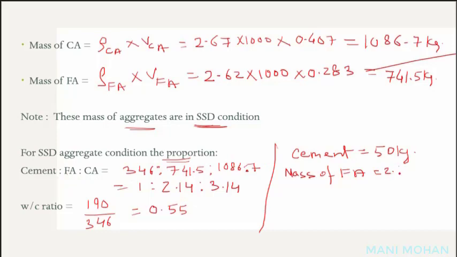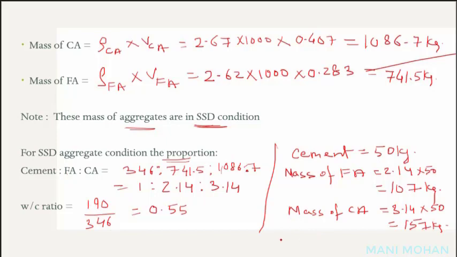Multiply 2.14 into 50. This comes out to be 107 kg. What will be your mass of coarse aggregate as per the design proportion, 3.14? Multiply 3.14 into 50. This gives me 157 kg.